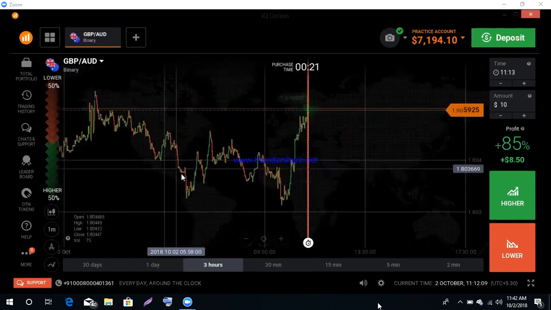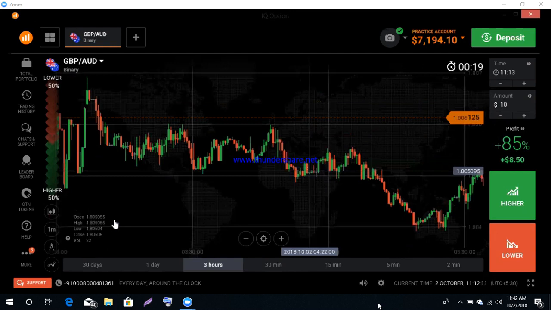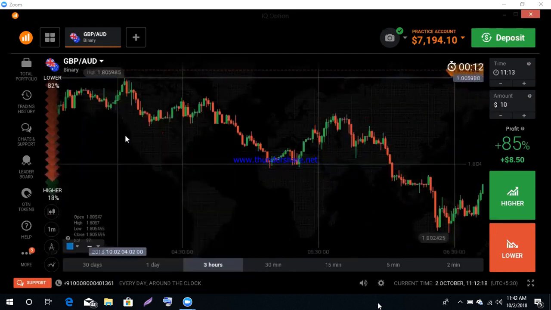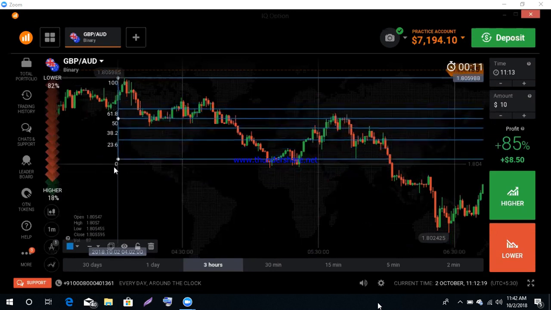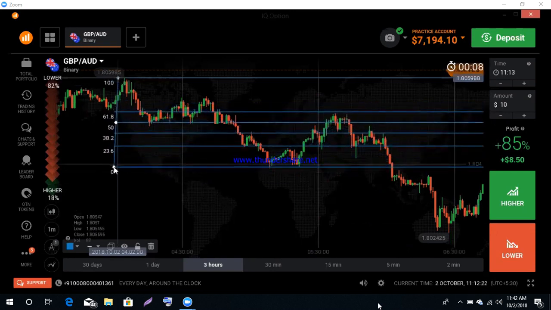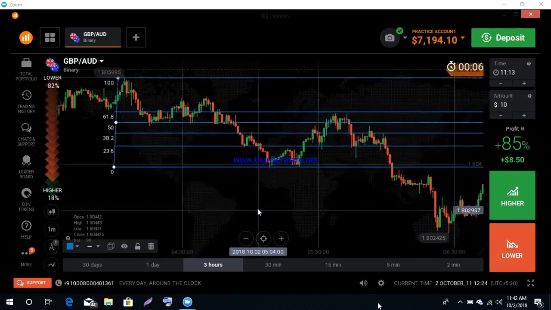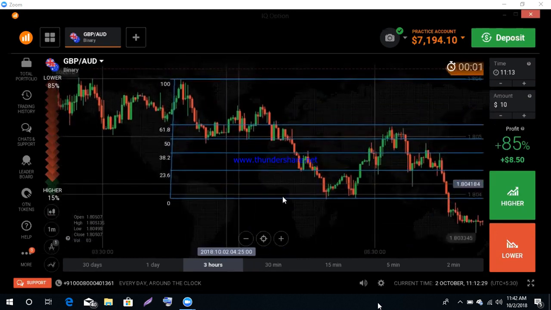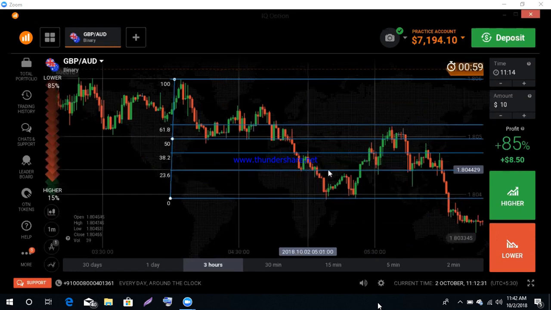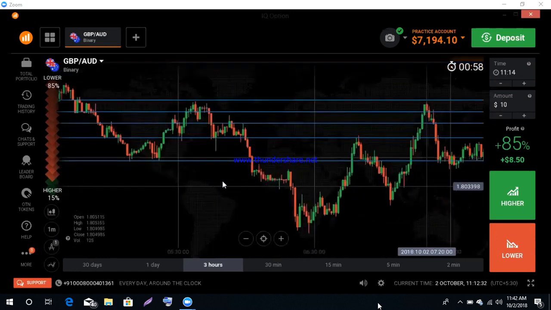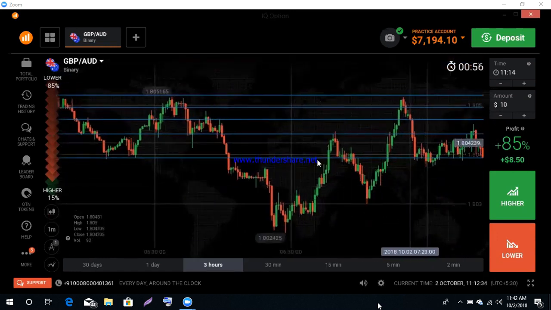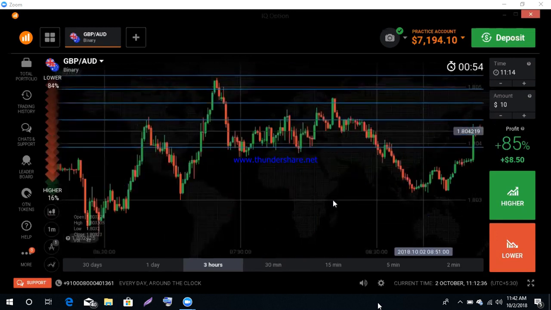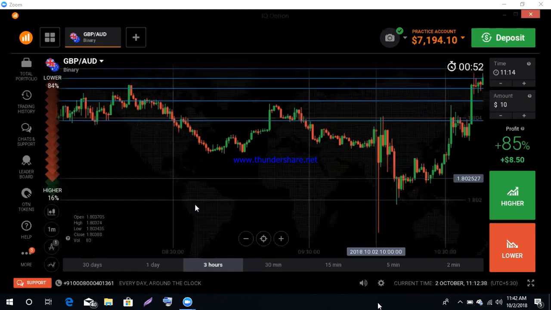Okay, I'm drawing here a Fibonacci line, higher high, lower low. So now you can check the strong level here. Okay, this one. Okay, this one. Okay, this one.